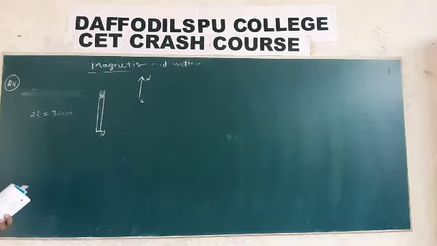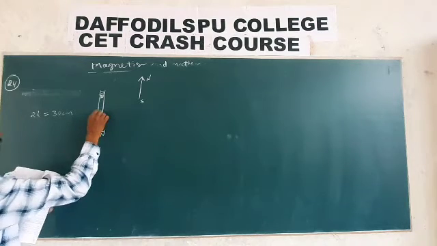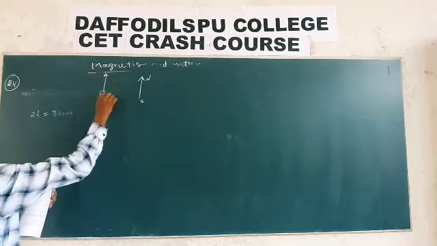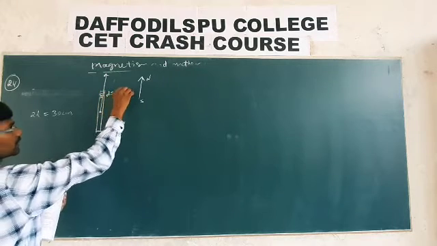Then what do we get here? This is around 6 into 10 power minus 6.